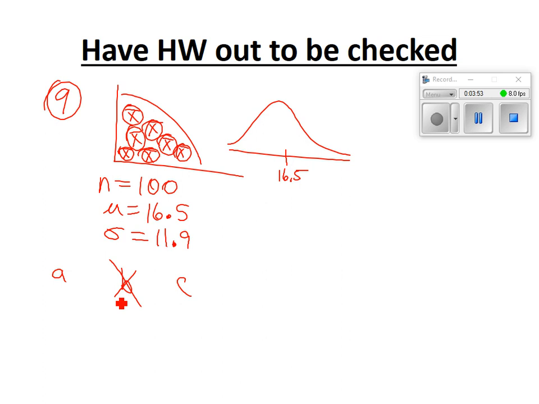We have 16.5 and 11.9 is our standard deviation. So that means each time we're going up by about 12. So this would be about 28.5, 40, and 52. Any of that stuff on there anywhere you see? Any of the graphs have numbers like that somewhere close?